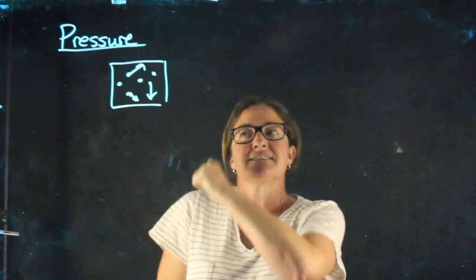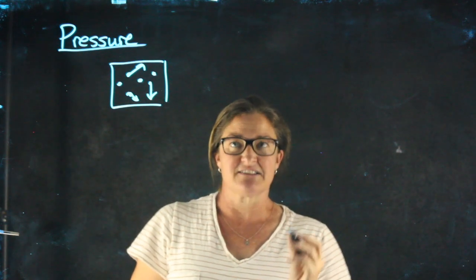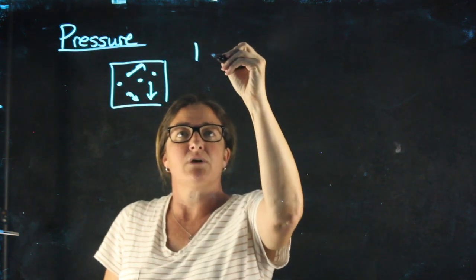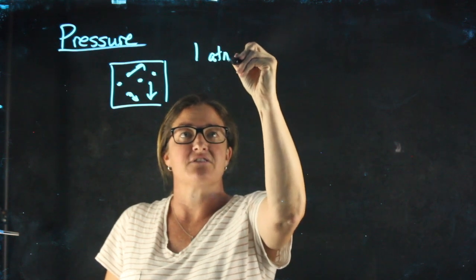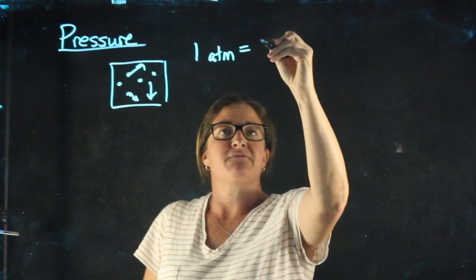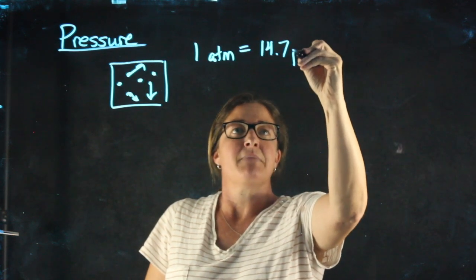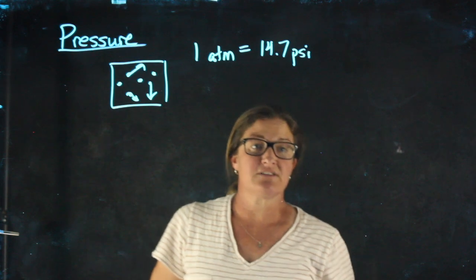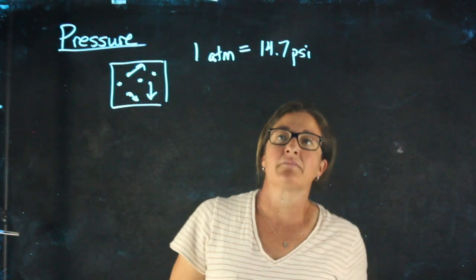We can use several different units for pressure in this class. The most common one we're going to use is ATM, or atmospheres. 1 ATM is equivalent to 14.7 pounds per square inch. Those are the units that tire pressure is measured in.